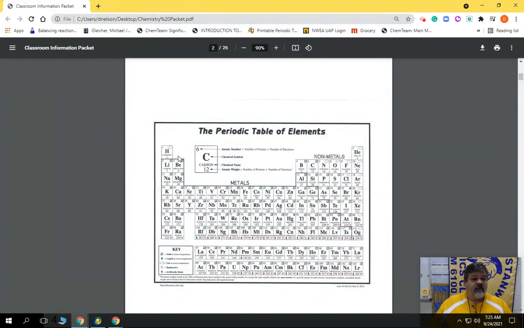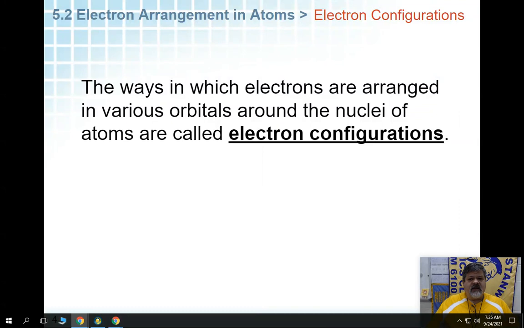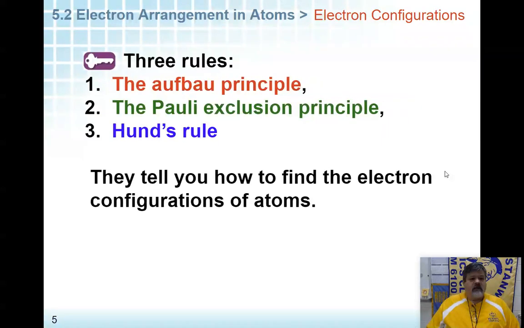The last 6 columns represent p orbitals. These transition metals here represent the d orbitals, and the inner transition metals down here represent the f orbitals. We're going to go back to that because that's an important concept for us to know.